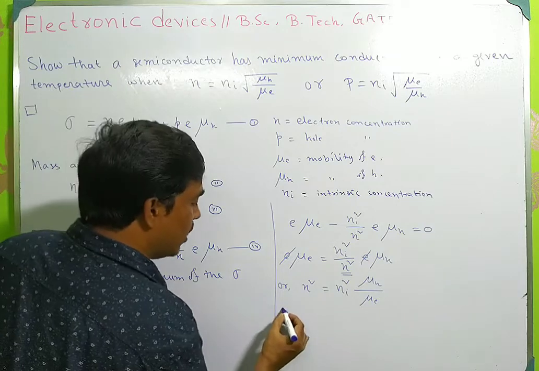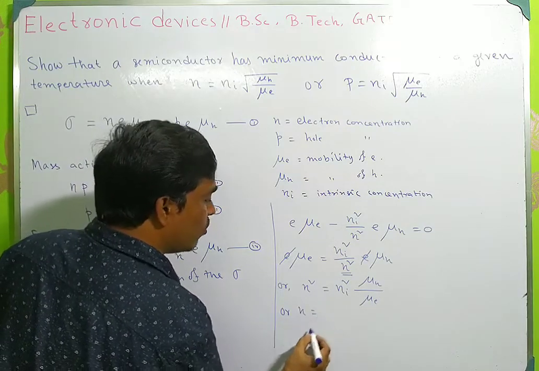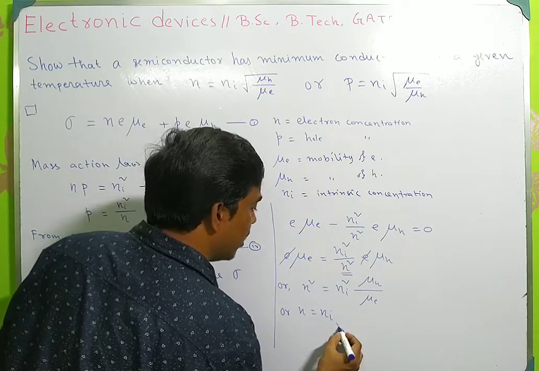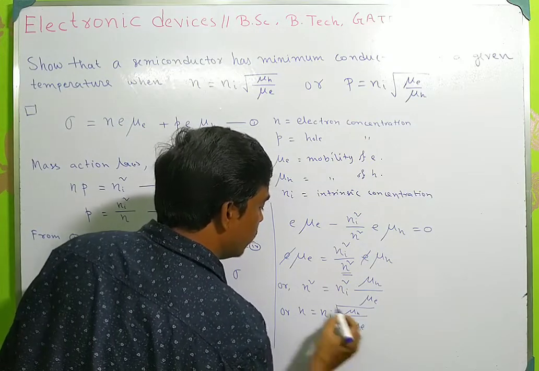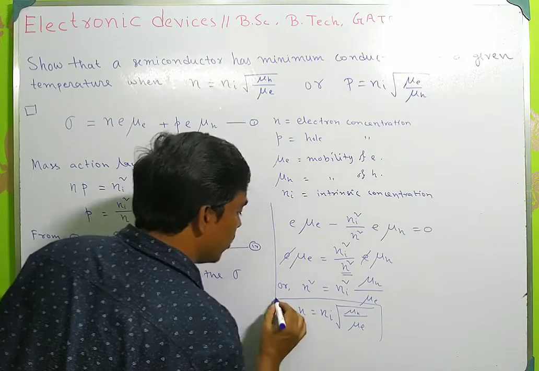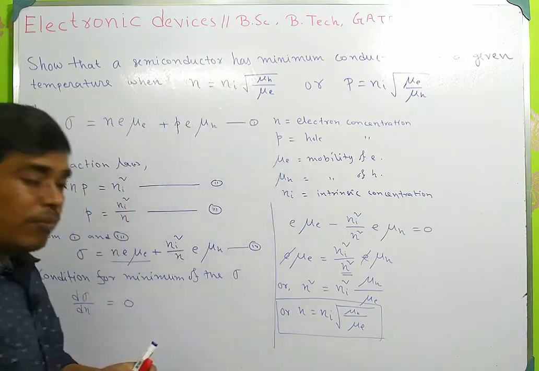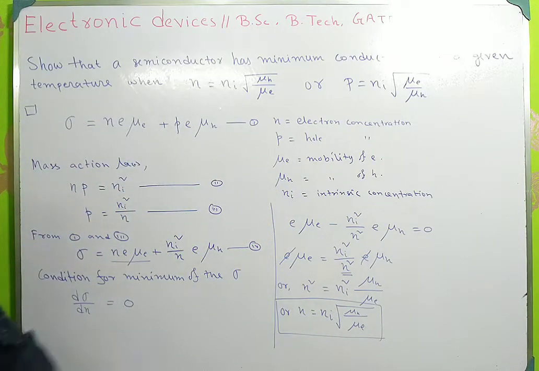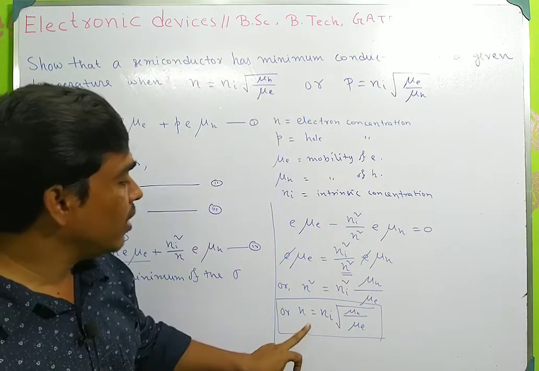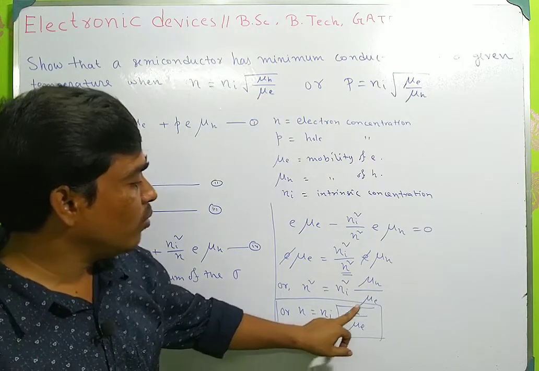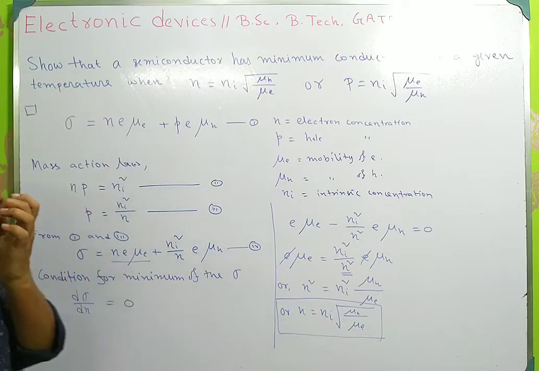Then n equals ni root over mu h divided by mu e. This is the condition for minimum conductivity: n must equal ni root over mu h by mu e.